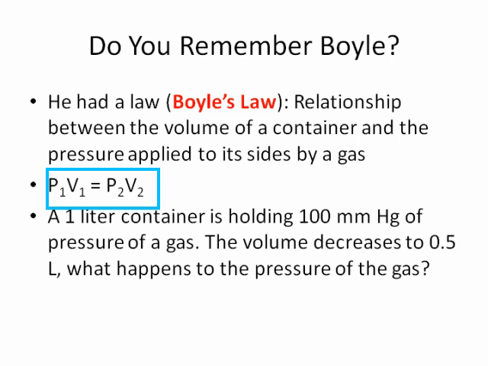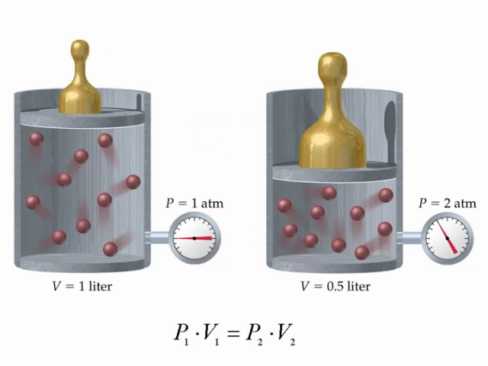Well, you decrease the volume. So in other words, you're taking that same amount of 100 millimeters of mercury of gas, whatever gas it is, that's now sitting in 1 liter, and you're compressing that gas into a half a liter. Your pressure is going to increase. And that's exactly what we see happening here.